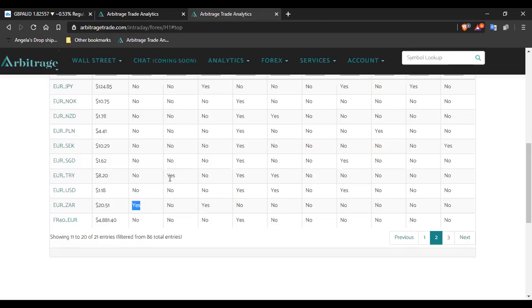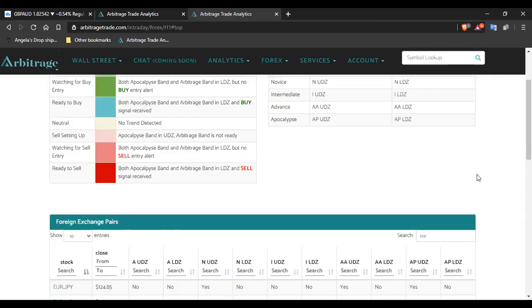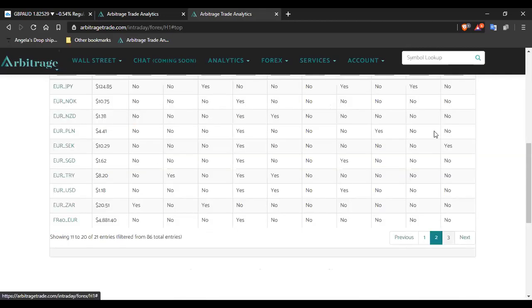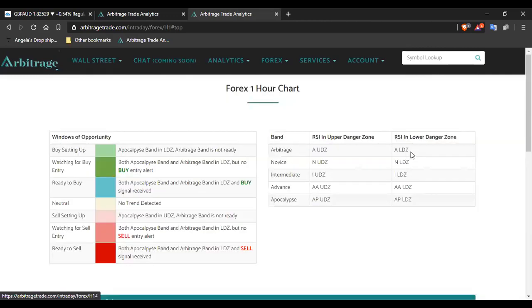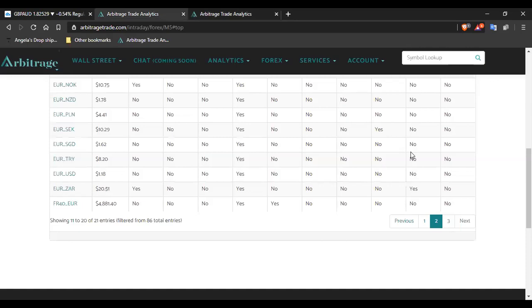Well, EURZAR is confirmed, but EURTRY definitely is still worth looking at as well. So EURTRY, lower danger zone, 1-hour only. Okay, got those two. Now let's look over here. Nothing else.